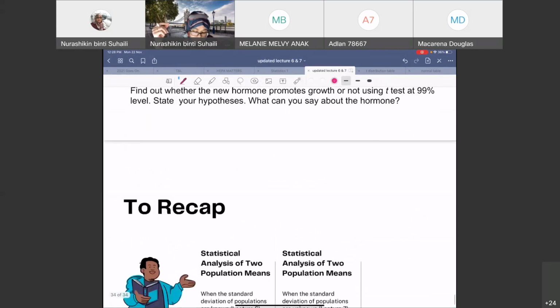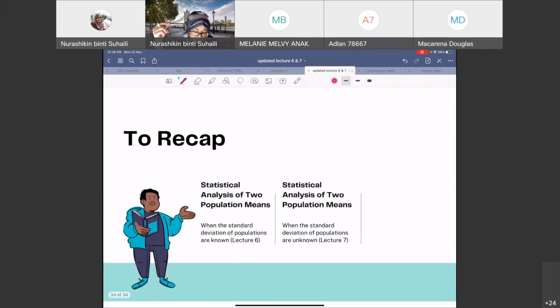So basically today what we have covered is statistical analysis of two populations' means. We compare the two populations by comparing the two samples derived from the two populations. There are two situations. When the standard deviations of the populations are known, we use the Z distribution.